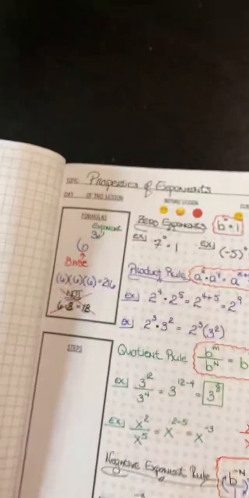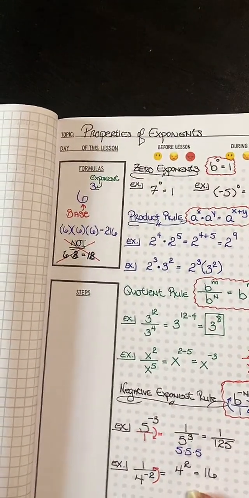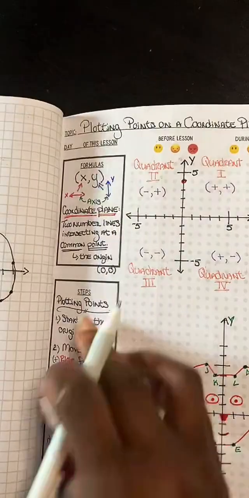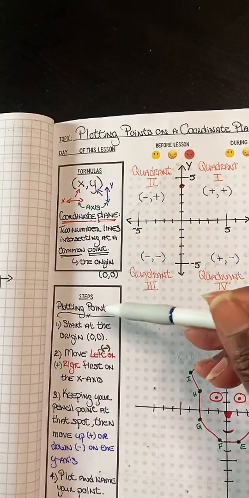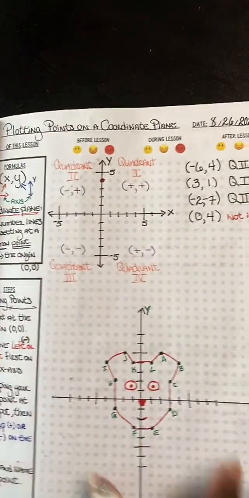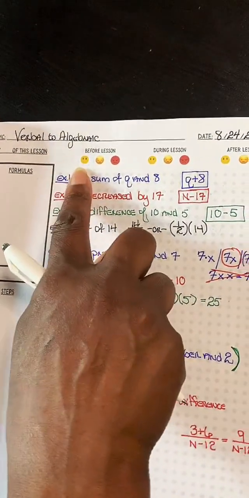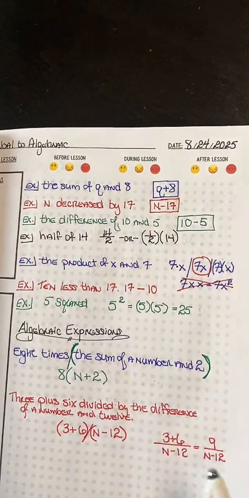Okay, free subscription. So here we have a section where we can put all our stuff. You can have a place with your formulas, a place with your steps, a place that you can actually do work on, maybe even a mood tracker to see how you're feeling with the stuff.